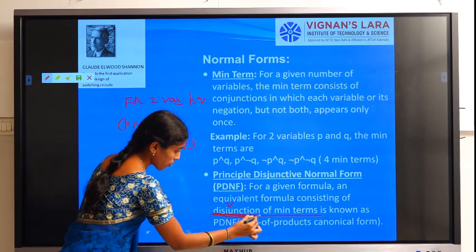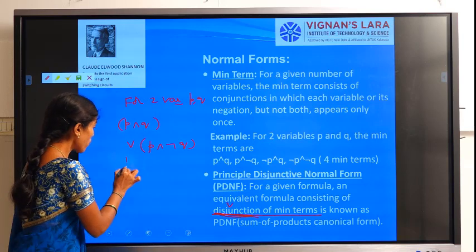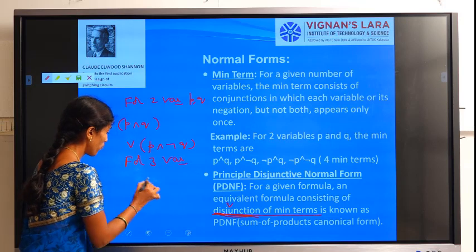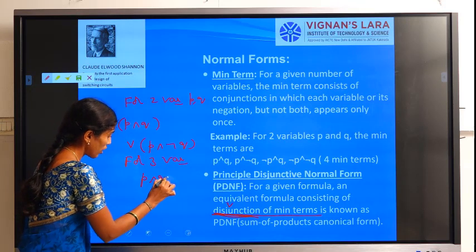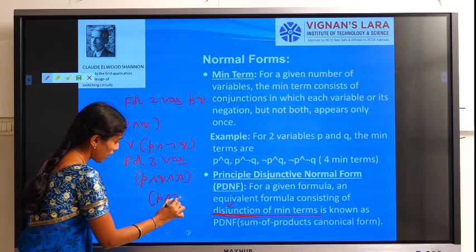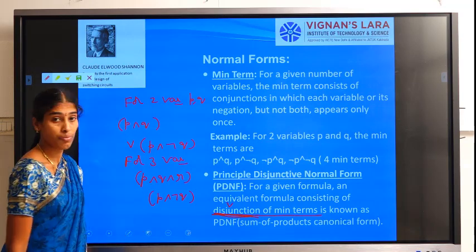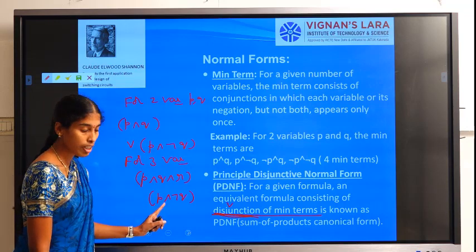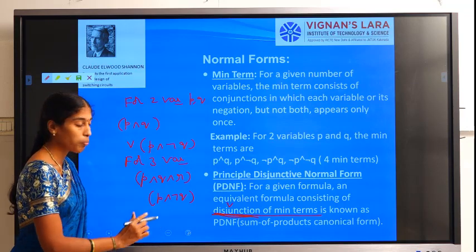Suppose I write, for three variables, P and Q and R, OR P and negation Q. The first one is a min term, whereas the second one is not a min term, therefore it is not PDNF.